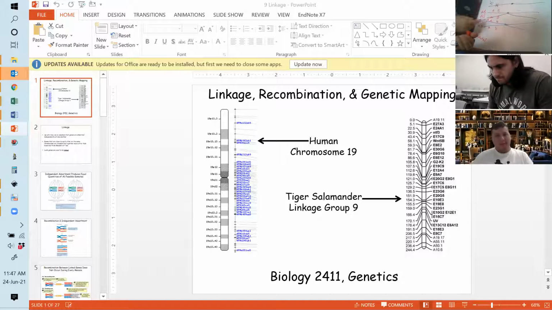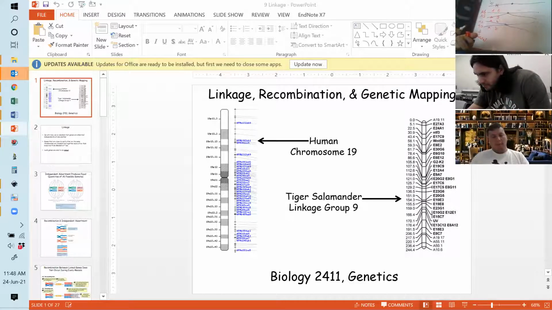If recombination occurs here, you'll get exactly the same genotypes in the gametes. What you care about is recombination occurring between these two genes. That's what really matters.